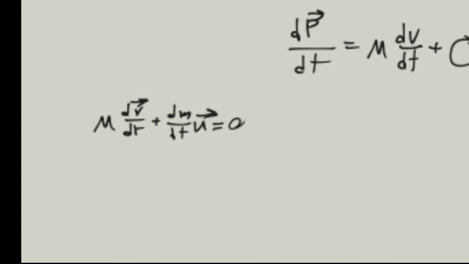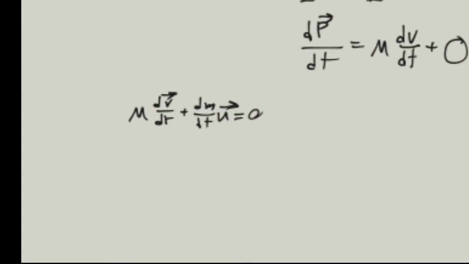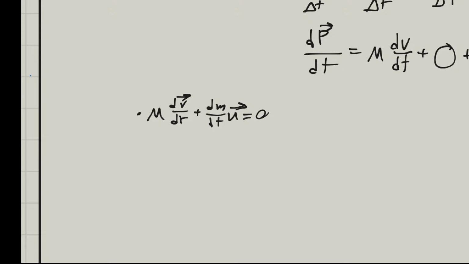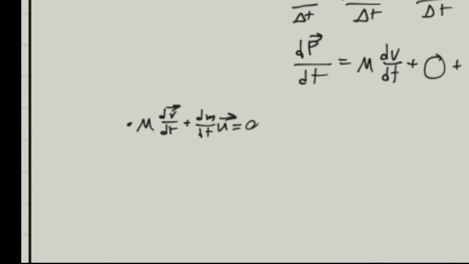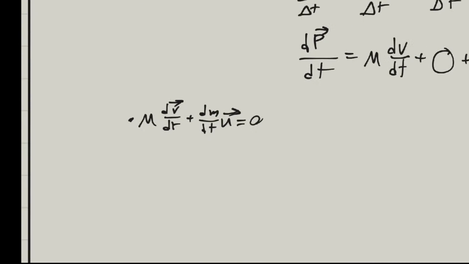So there you go. That's one very important thing. Now let's think about this. I guess when I wrote dm over dt, what I really want is the change in the mass of the rocket, not the small amount of fuel that's being shot out.